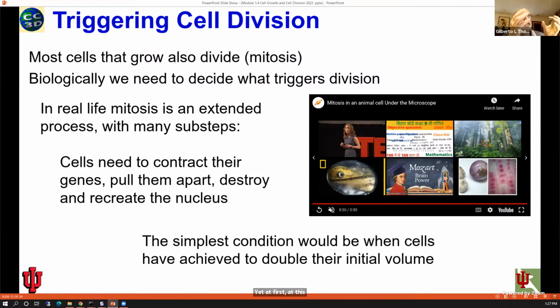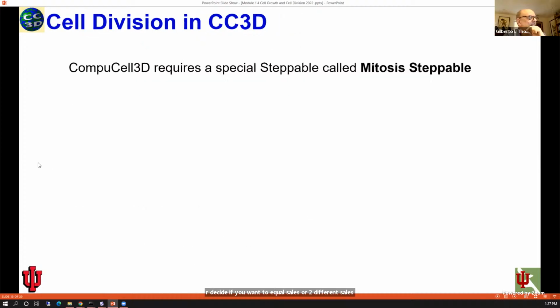It's just a cell dividing itself, so it produces two equal cells. Of course, you can later decide if you want two equal cells or two different cells. It's a matter of the system you want.